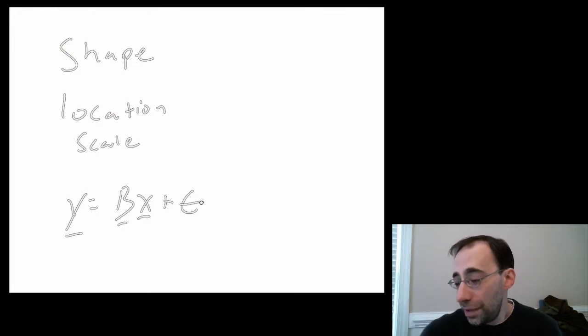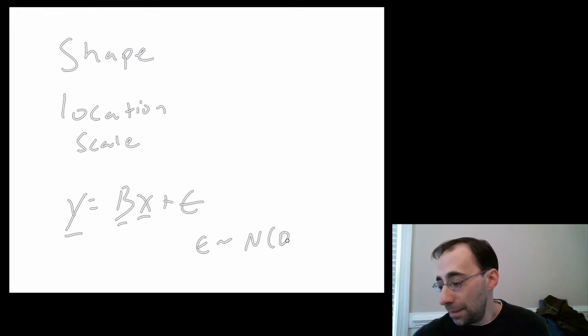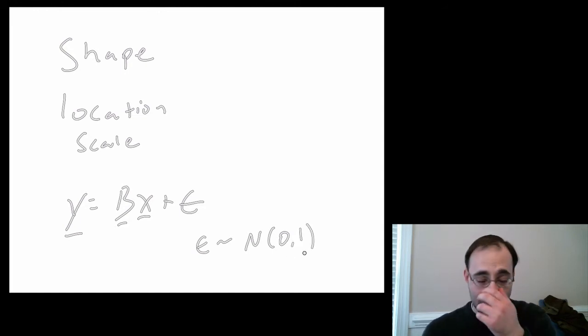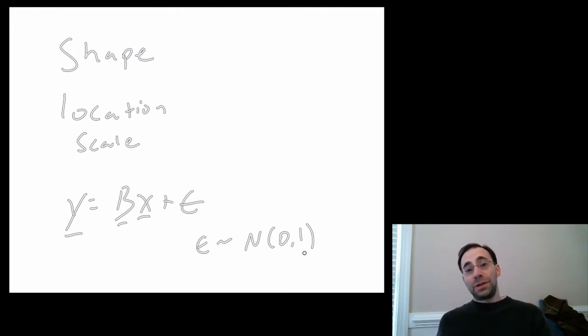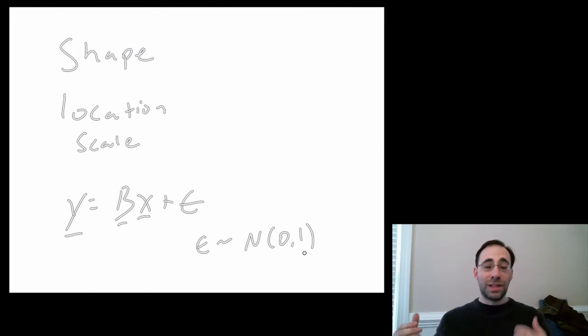Well, we often assume that epsilon here is distributed normally. We do normal distribution later in this lecture, using some mean and some variance, but here we can say 0, 1 just for the sake of concreteness. That's a continuous distribution, so we assume that the errors are normally distributed, which helps us do a whole bunch of statistics that we couldn't otherwise do so easily.